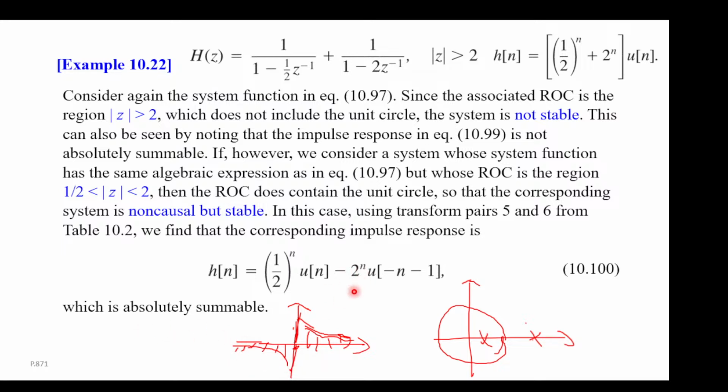So you have exponential decay on both the right-hand side and the left-hand side, positive n and negative n. This is absolutely summable and corresponds to a stable system. But it's not causal because you have this n less than 0 part. So that satisfies our prediction.